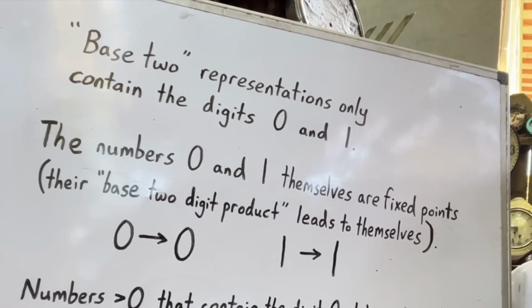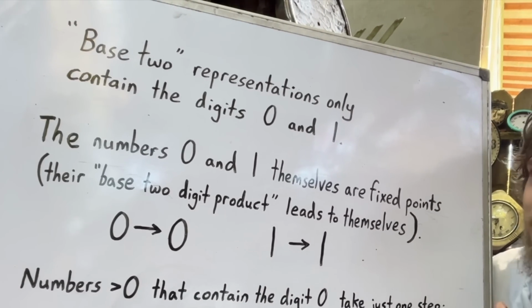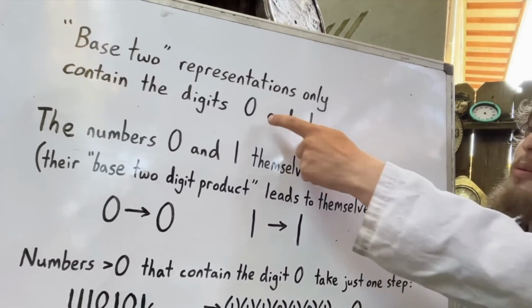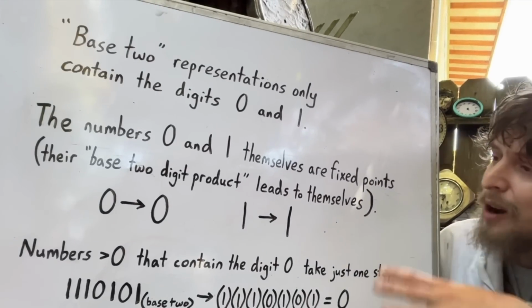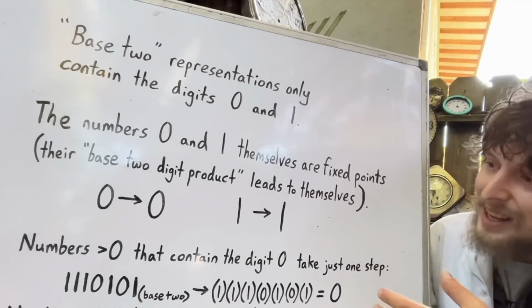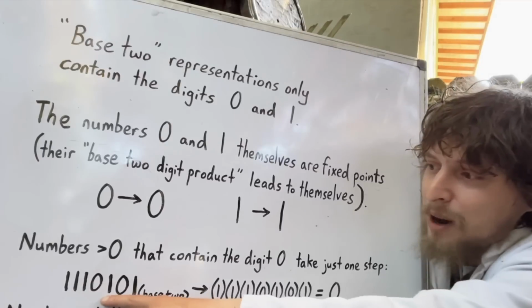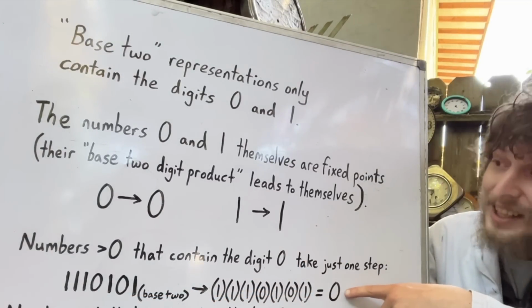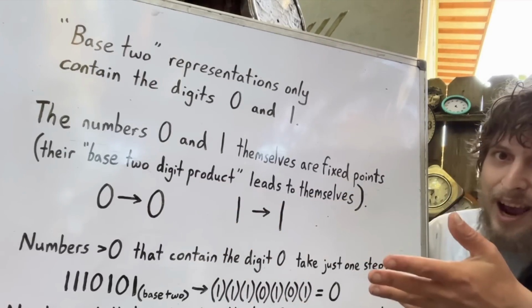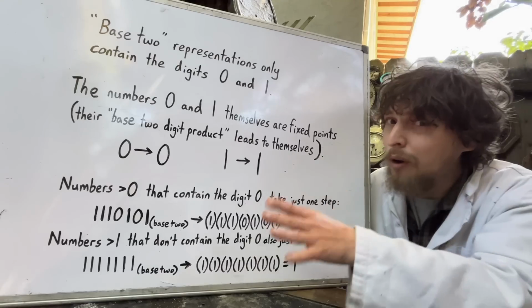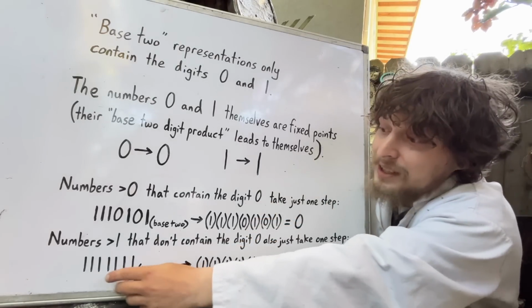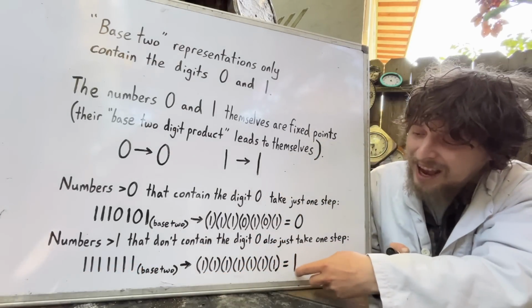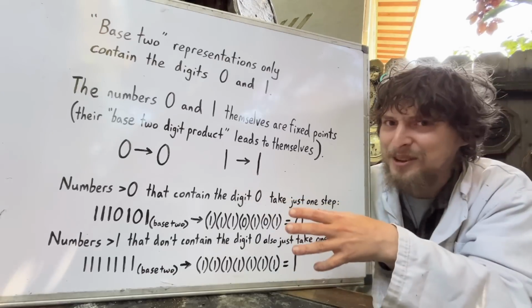Well, any whole number will have some string of zeros and ones that represents it in binary, and since 0 and 1 are the only digits we'll encounter in a representation here, we're either going to have a number whose representation has a 0 somewhere in it, which will multiply to 0, taking 1 step to reach that fixed point, or we'll have a number whose binary representation is just the digit 1, in which case it'll multiply directly to 1, the other fixed point.